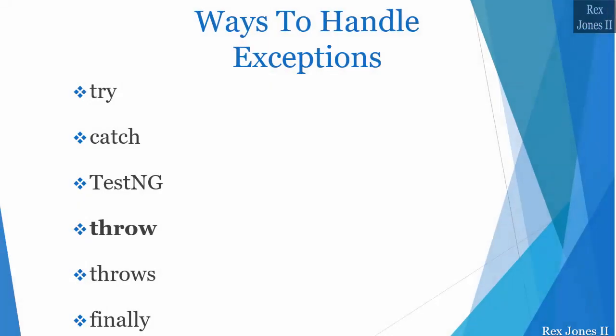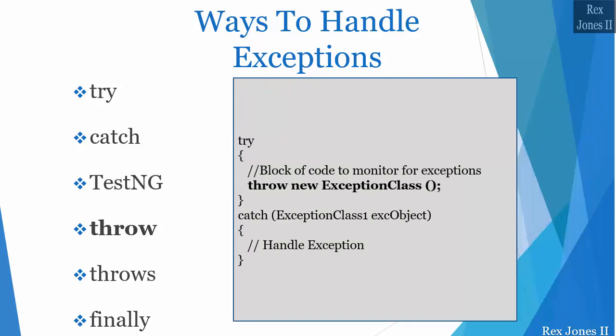So far, up to this point, we have caught exceptions created automatically by the JVM. The throw statement makes it possible to manually throw our own exception. We write keyword throw, new, followed by the name of the exception class.